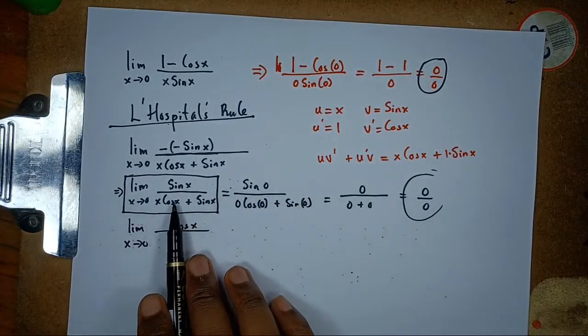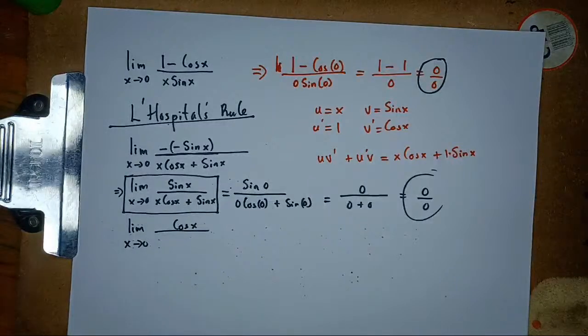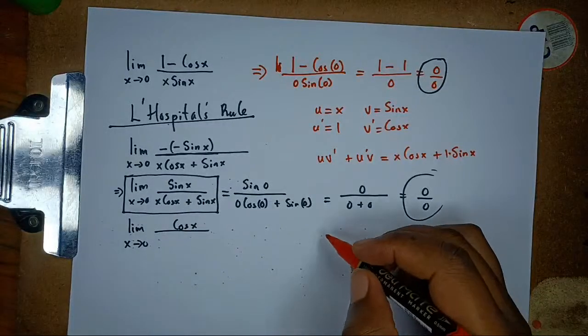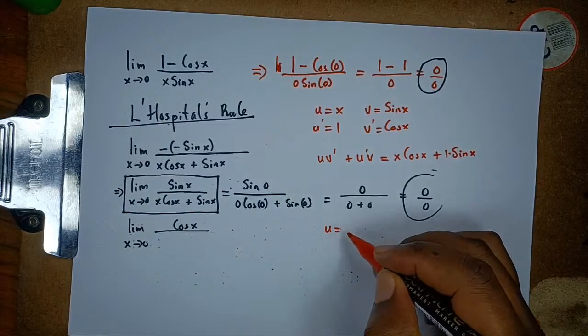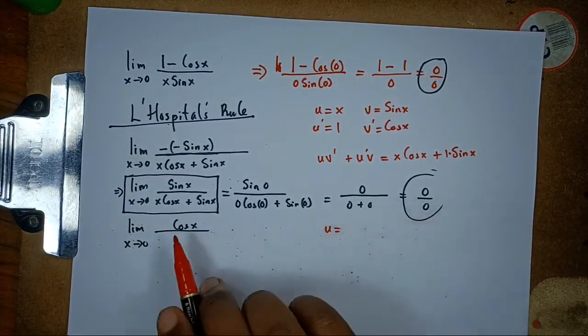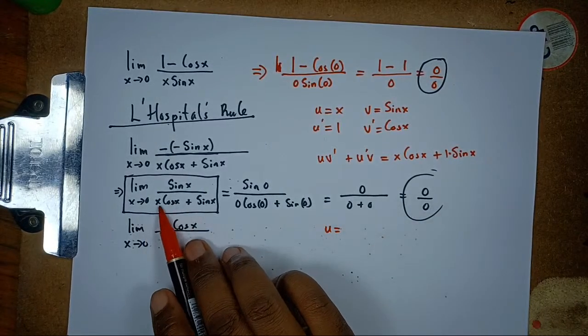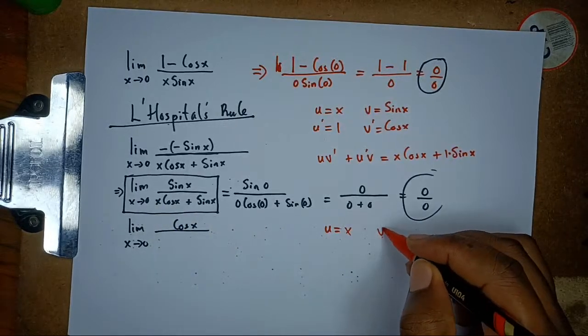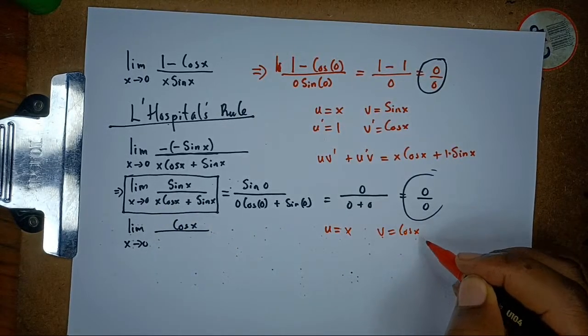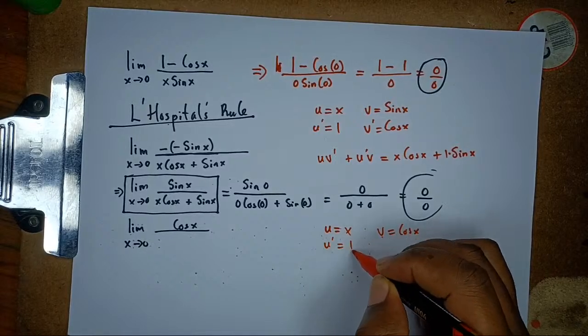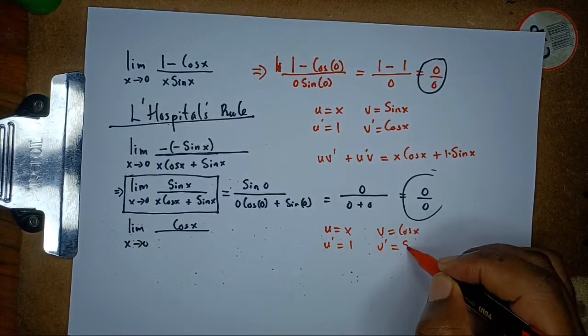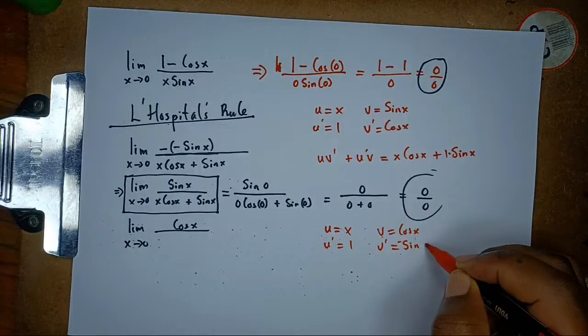What's the derivative of x cos x? We go through the product rule again. Our u is x, v is cos, so u prime is 1, v prime is negative sine x.